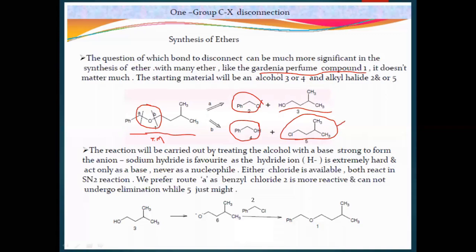The reaction will be carried out by treating the alcohol with a strong base to form the anion. Generally, sodium hydride is the favorite, as the hydride ion is extremely hard and acts only as a base, never as a nucleophile. That's why you can preferably use NaH.